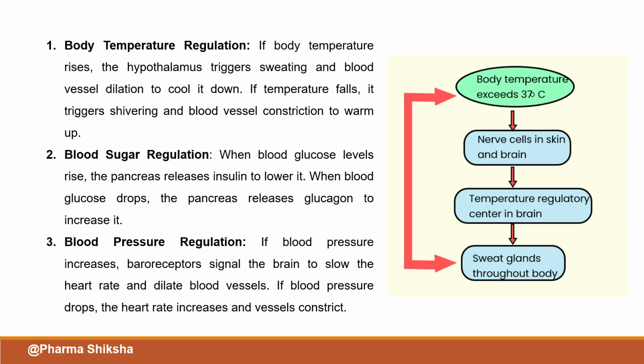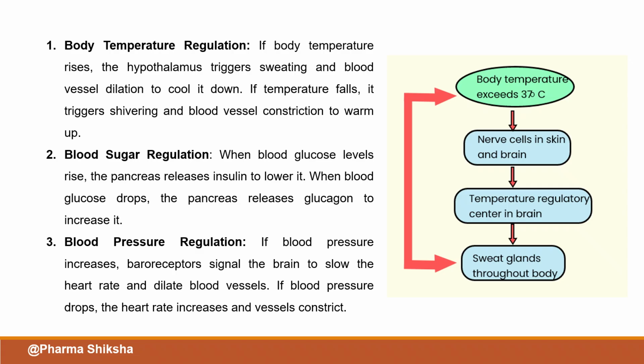In the case of blood sugar level, when the blood glucose level is rising, the pancreas releases insulin. Insulin lowers the blood glucose level. And if you have a lack of blood glucose, glucagon is released and it increases the blood glucose level. The third one is blood pressure regulation.